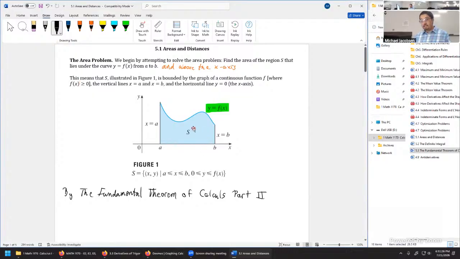The area right here is going to be dead on exact, not an approximation, exactly equal to F at b minus F at a, where the a and b came from these values here that are bounding the area, where F is any, and we really mean any, antiderivative of f.